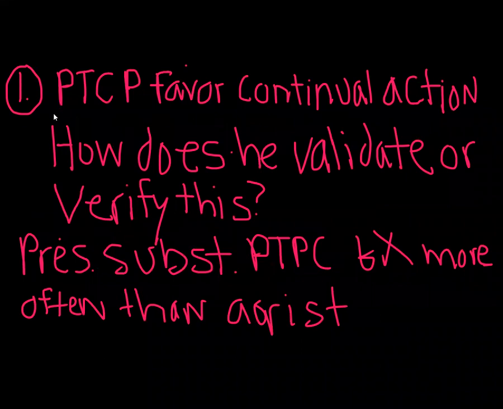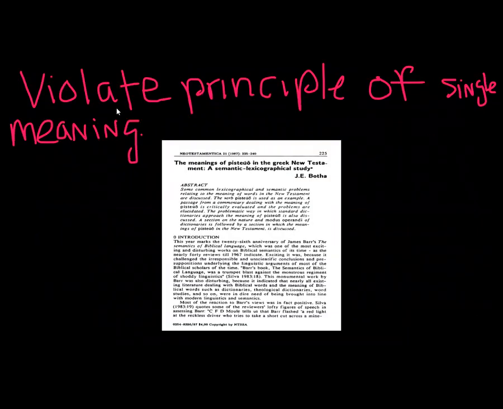All right, first, he's basically saying participles favor continual action, and therefore this means continue to believe. But how does he validate or verify this? A present substantive participle does occur 6 times more often than an aorist, but this could be violating the principle of single meaning.